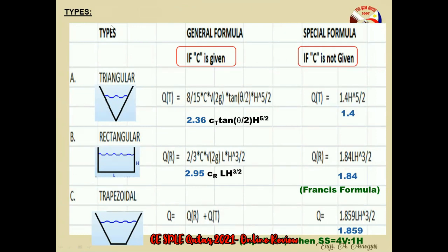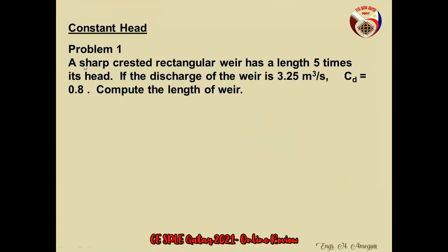Ang daming problems sa board exam na direct substitution lang. Weirs, halimbawa: a sharp-crested weir has a length of 5 times its head. Compute the length of the weir. Ito mga past board exam, ito yung mga bonus.